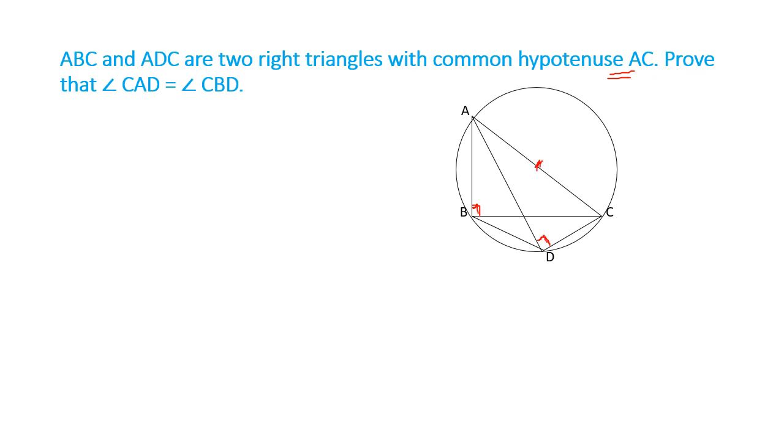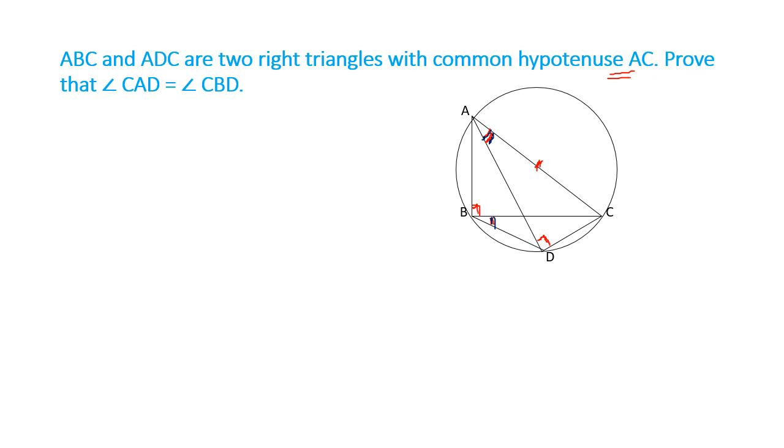We have to prove this angle CAD equal to CBD. Okay, I'll change the color to show you. What we have to prove? This angle CAD equal to angle CBD.